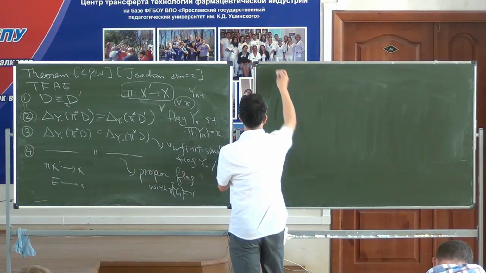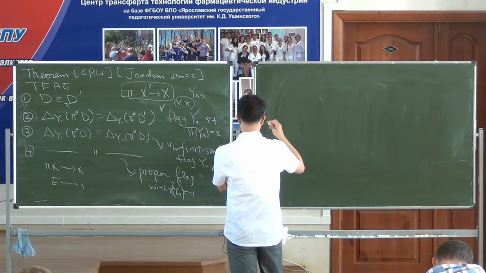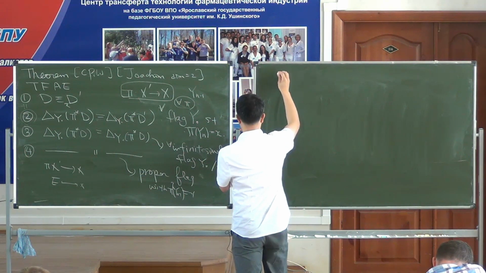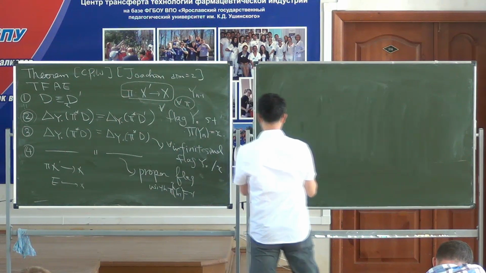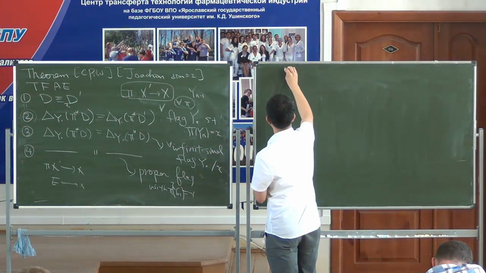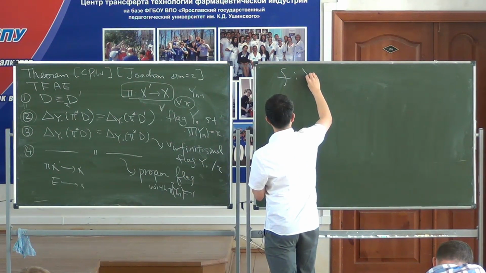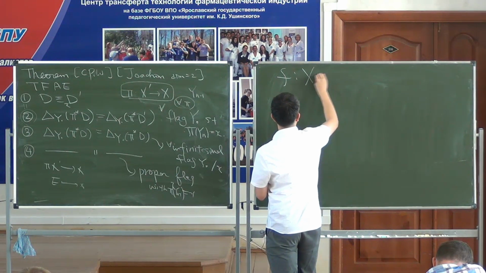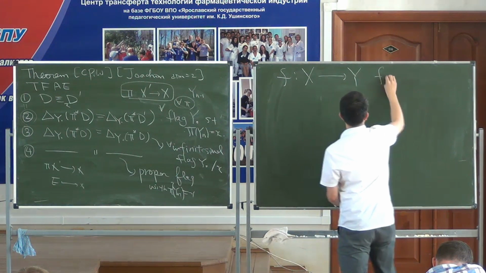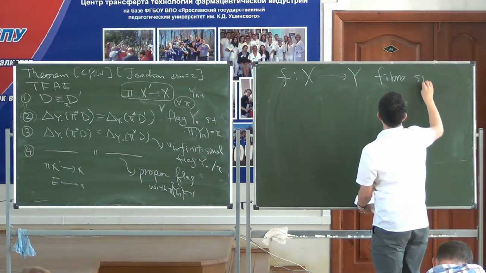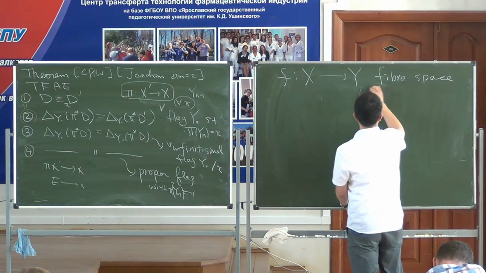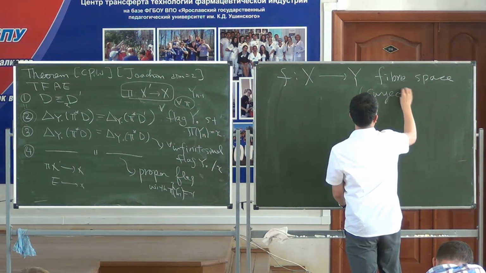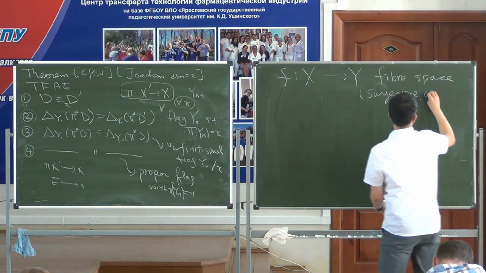So I think this is the first application. Let's start from X to Y. It's a fiber space. This means surjective and connected fiber.